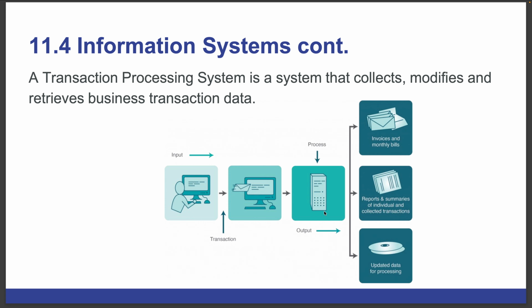So in that case, we have what we call an online transaction processing system. The customer is doing what they want to do, and the system in the backend is capturing the business activity or the transaction activity based on which the invoice could be generated.